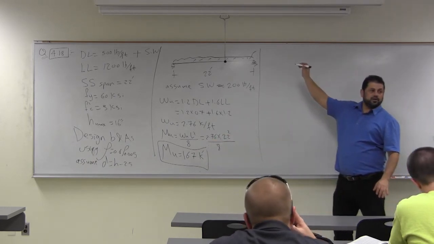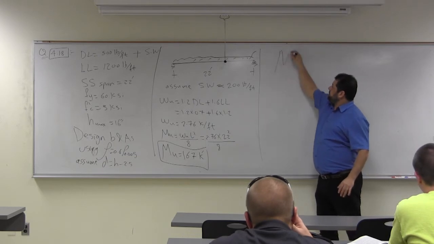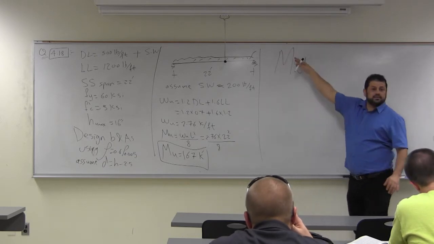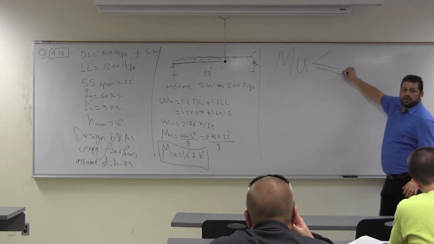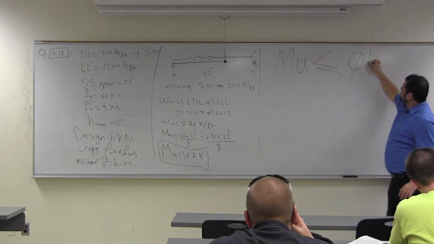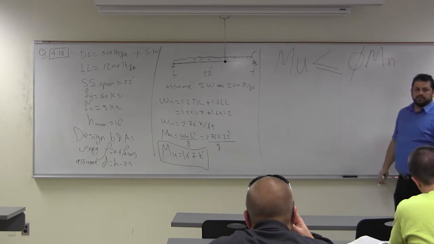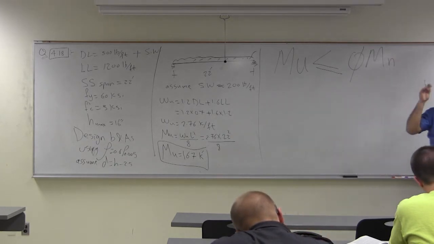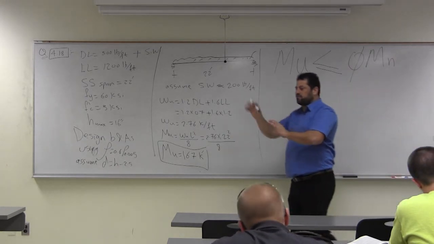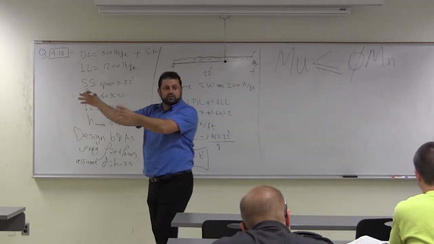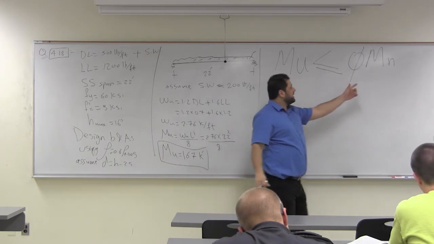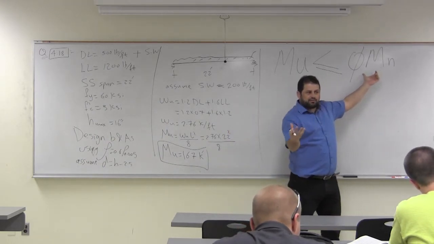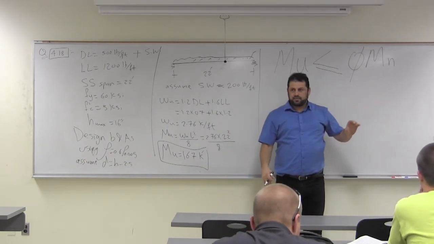M ultimate less or equal phi Mn. Whatever internal force you have from the actual or factored load must not exceed what you're going to get from the strength of the cross-section.